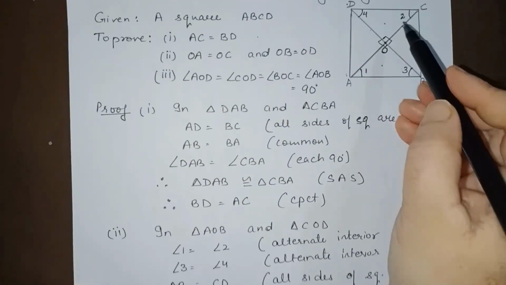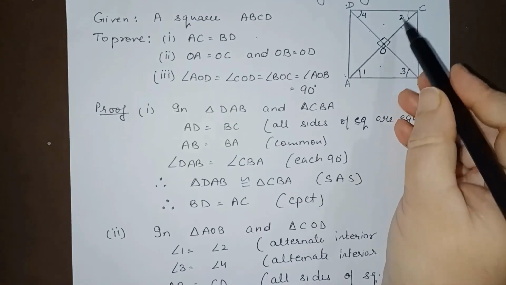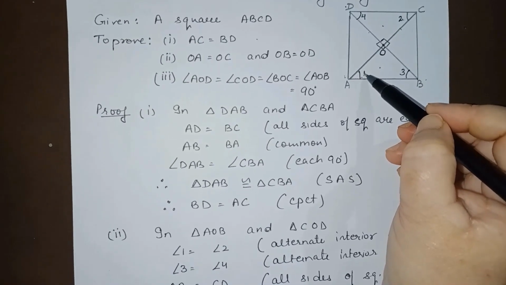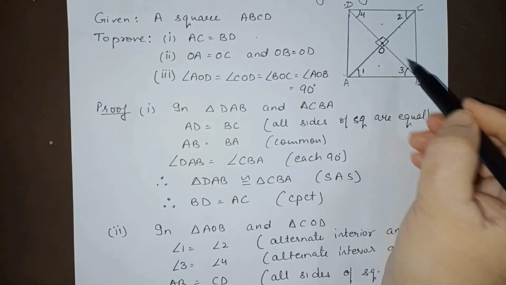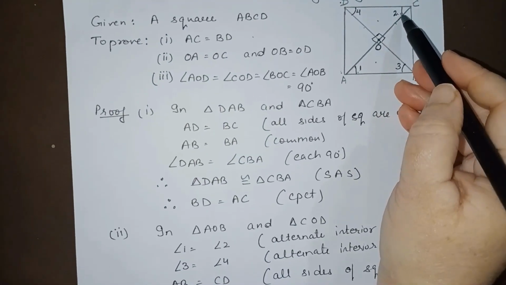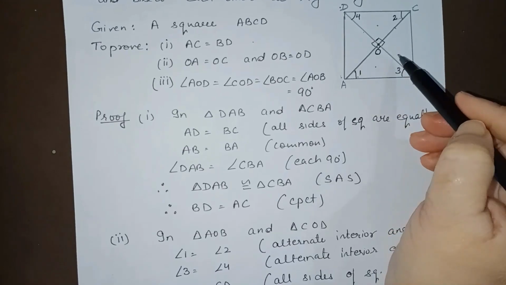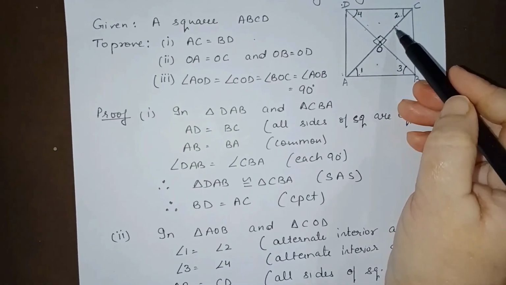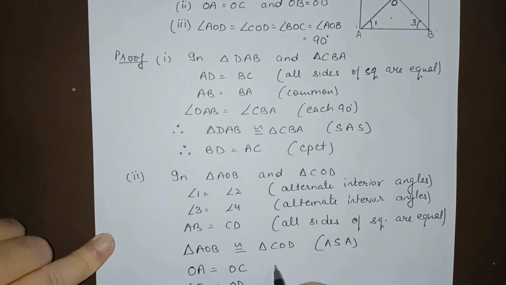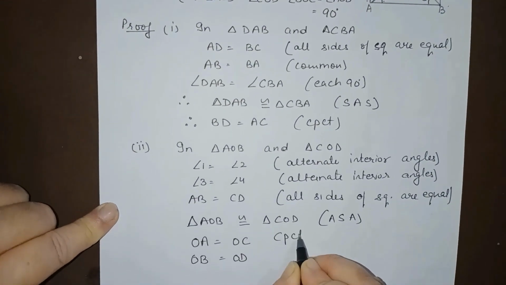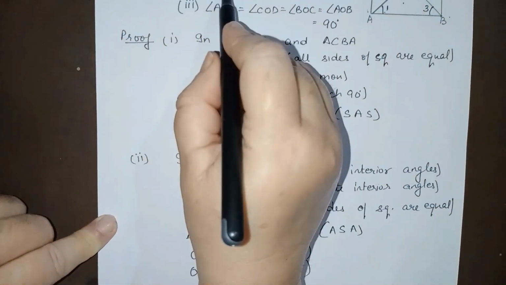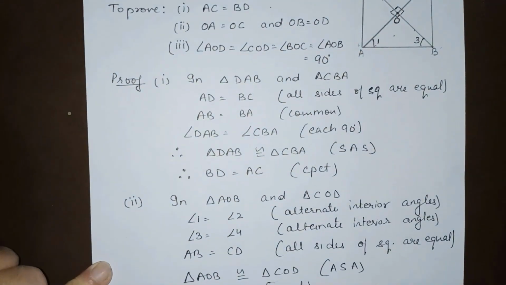Since angle 1 and angle 2 are equal, the sides opposite to them are equal. The side opposite to angle 1 is OB. The side opposite to angle 2 is OD. So these two sides are equal. Similarly, OA is equal to OC, by CPCT. So we have proved the second thing, that the diagonals bisect each other.